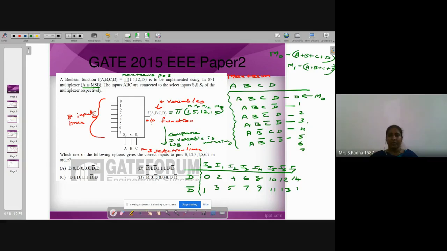Okay, so 15 terms are possible, max term or min term, since 4 variables are there. So up to 15. Understood? Why have I written D first in the max term? When I write the max terms M0, M1, M2, M3 like this, you observe the D variable LSB bit.